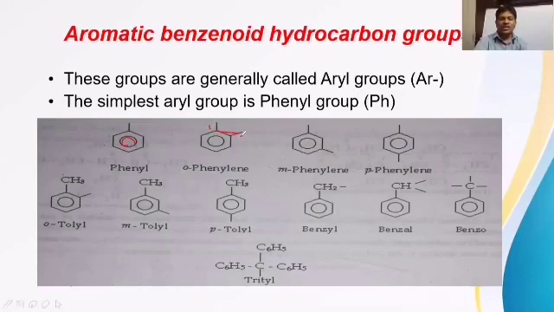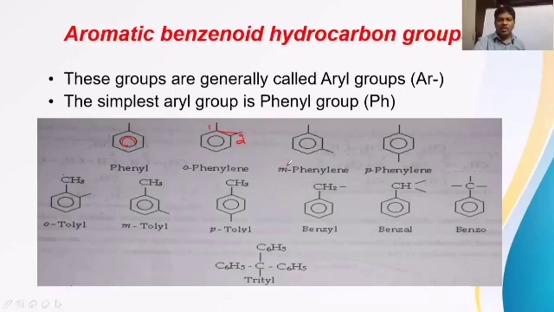The second carbon is generally called the ortho carbon. The 1,2 position is called the ortho position, the 1,3 position is called the meta position, and the 1,4 position is called the para position. So from the ortho position, 1 hydrogen is removed, so it is called orthophenylene: benzene minus 2 hydrogen atoms.